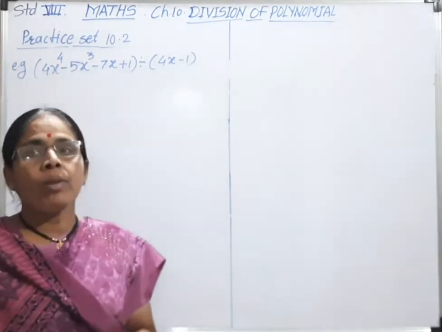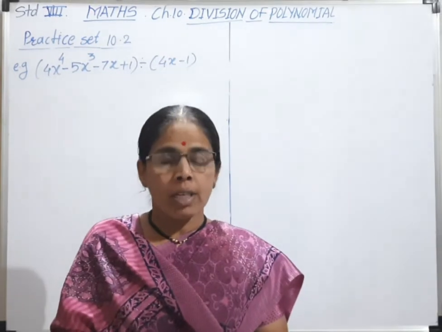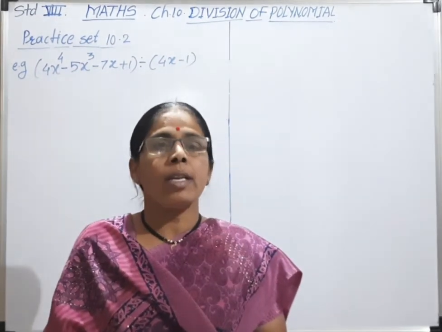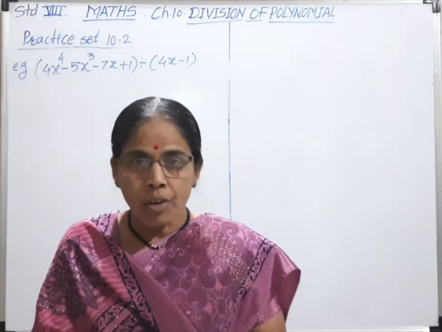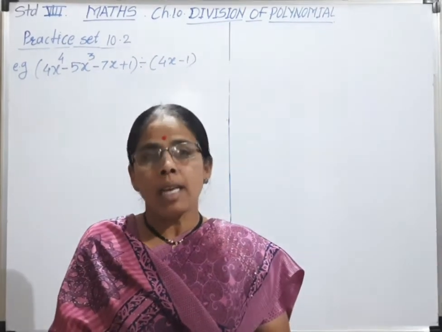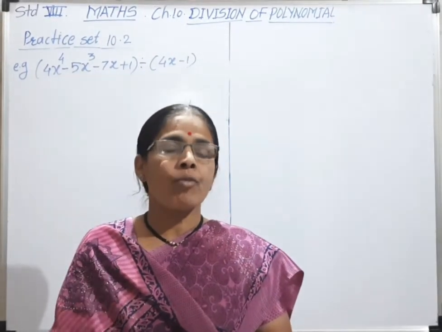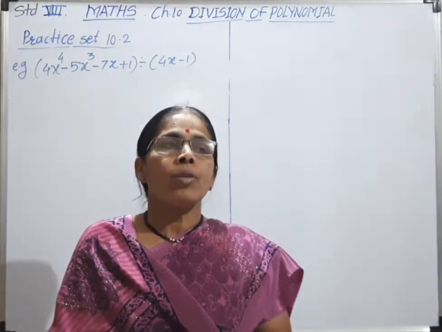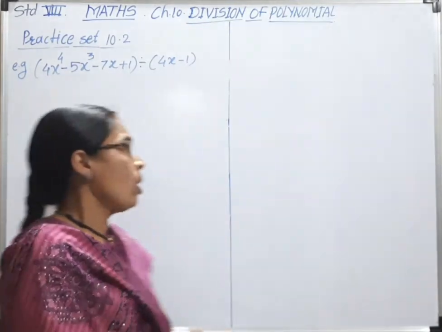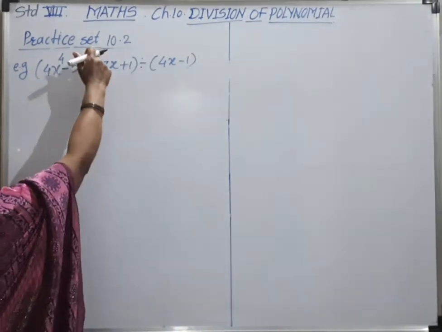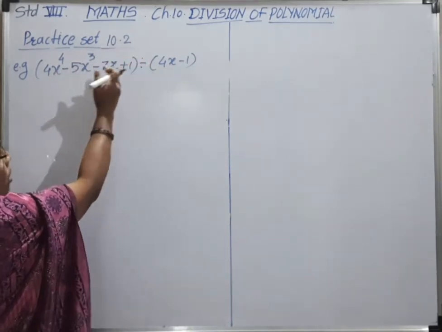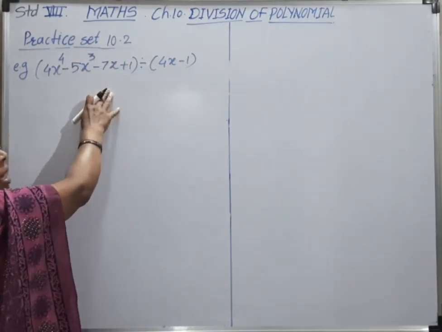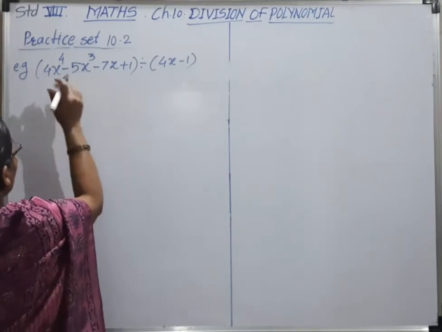As I told you, in the dividend, if any term is missing when we are writing all terms in the descending order of indices, we have to take that term with coefficient 0. So here it is 4, then 3, the square term is not here, so we take that square term with coefficient 0.